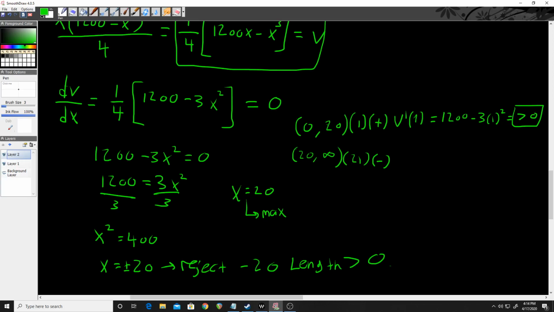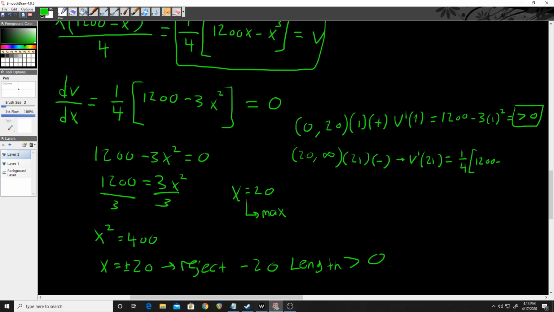Okay. So that's good. And if I plug in, say, 21, then I want the opposite to be true. So let's plug in V prime at 21. That's going to give me 1/4 multiplied by 1200 minus 3 times 21 squared.